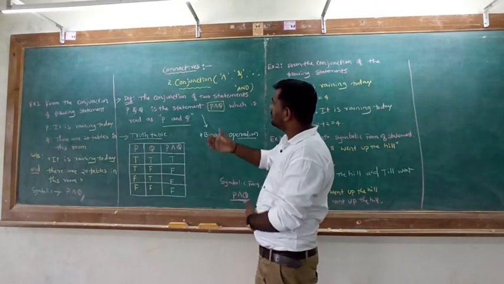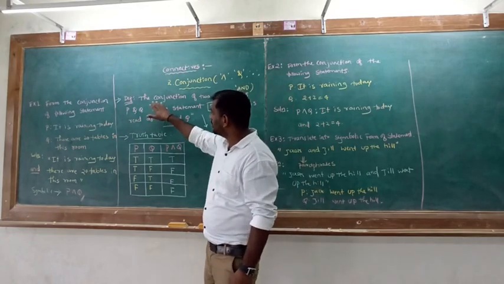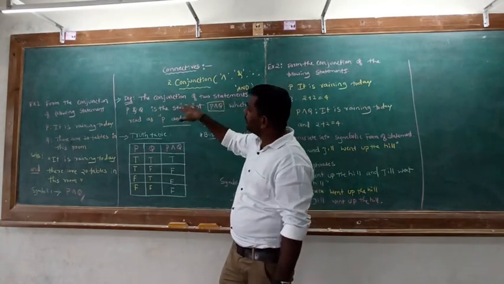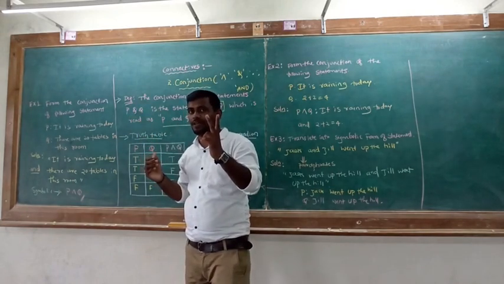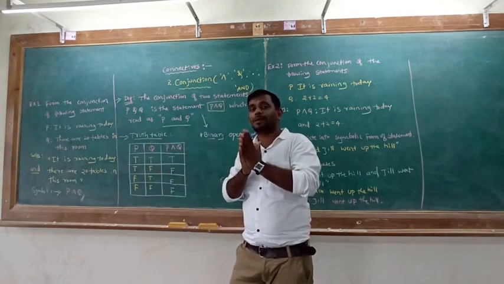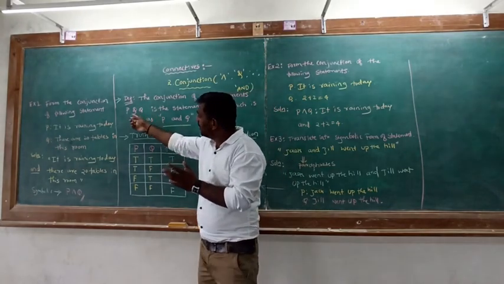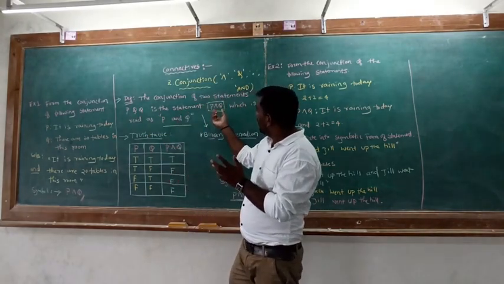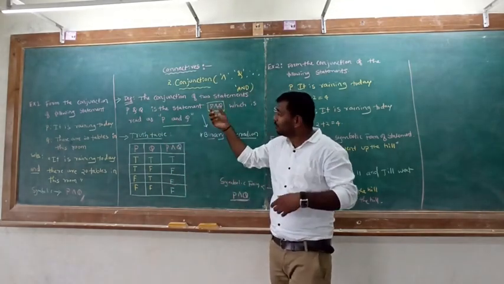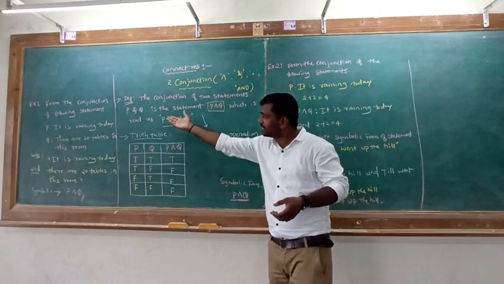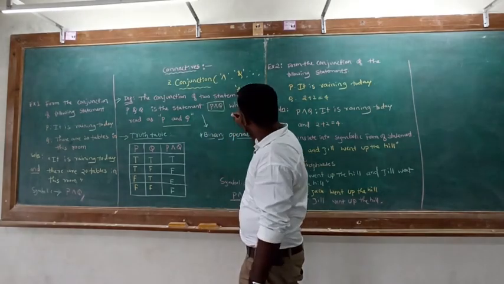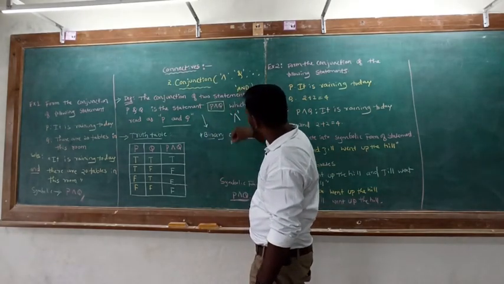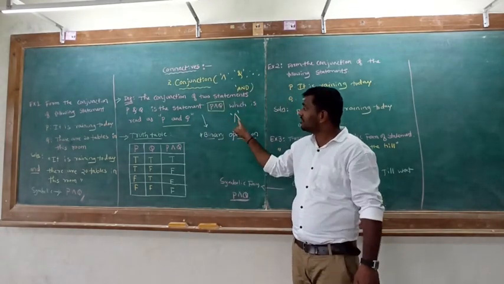So what is the definition of conjunction? The conjunction of two statements P and Q. Here P and Q are two primary statements, and we are combining these primary statements. We have to denote the conjunction of those statements as P ∧ Q. This is the conjunction symbol.